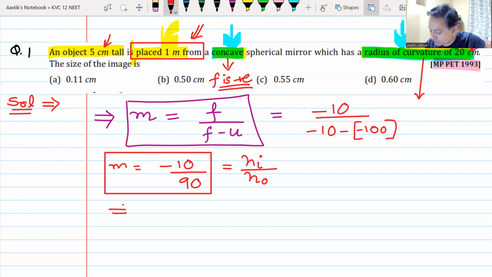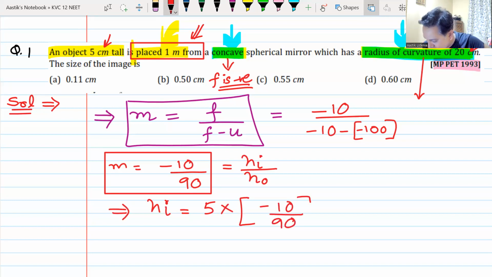So what is my height of the image, beta? Height of the image is height of the object, which is given as 5, multiplied by minus 10 by 90. So it is minus 5 by 9 centimeters.